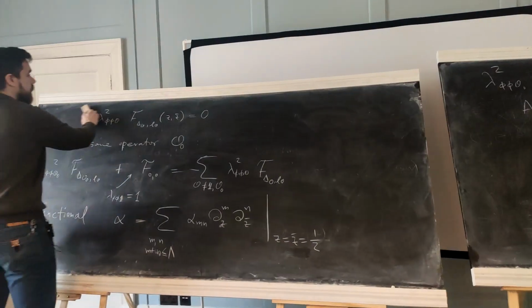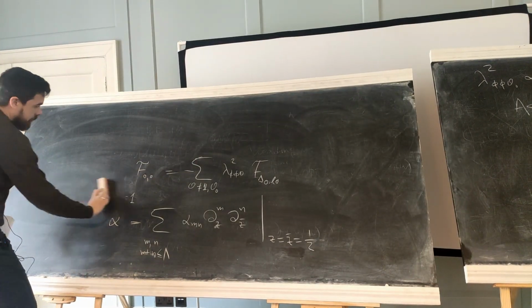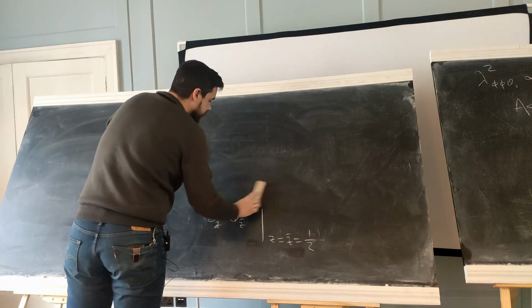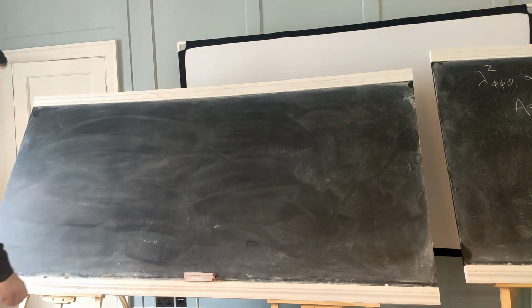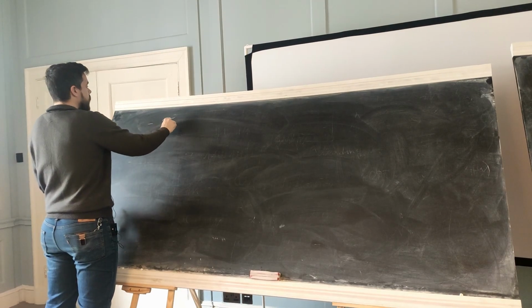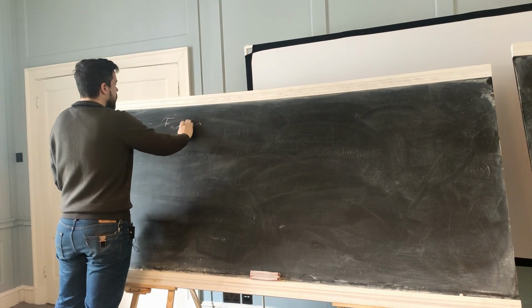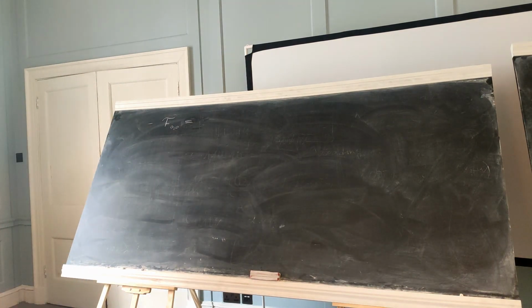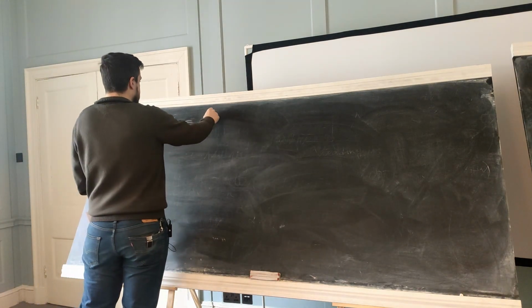So that's one way to use the crossing equation. The other way is to do something similar to this and write down the same crossing equation, and now I'm going to keep only the block associated with the identity operator on this side and send everything to the other side.